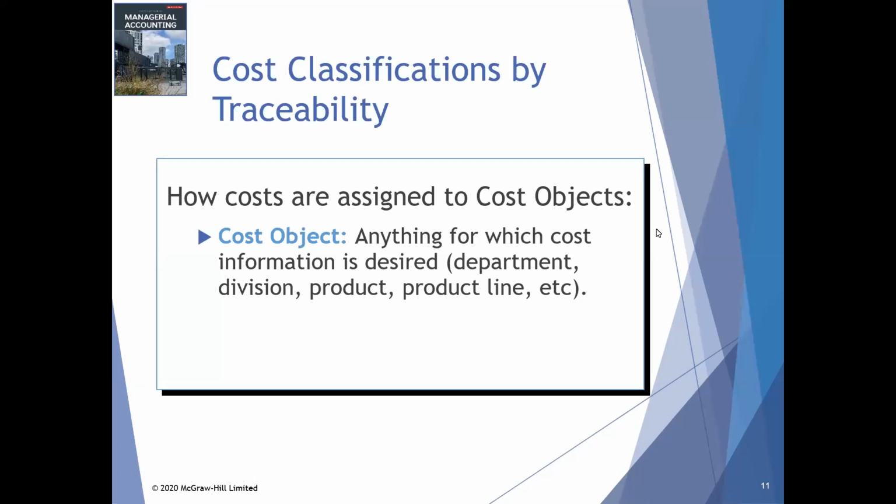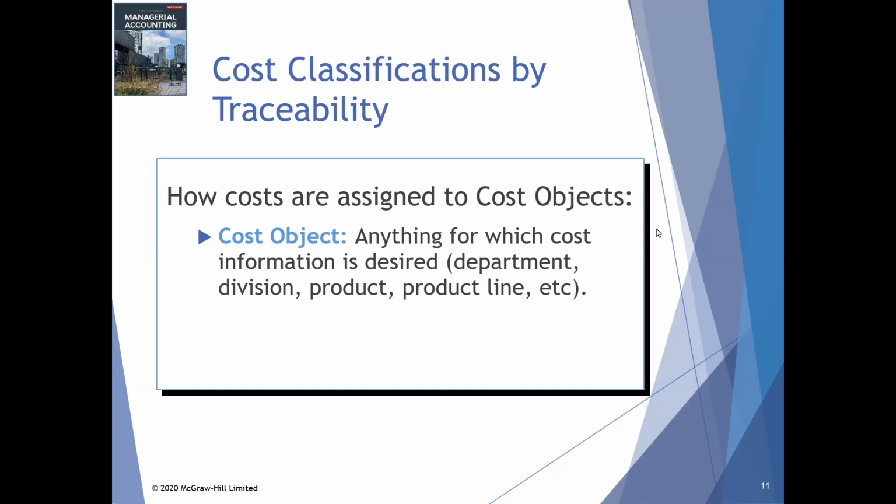Raw material that we purchased is also the direct cost, right? That we know that we can trace it. Easily we can trace it. For example, direct material or direct labor. So that will be the direct cost, easily traceable.